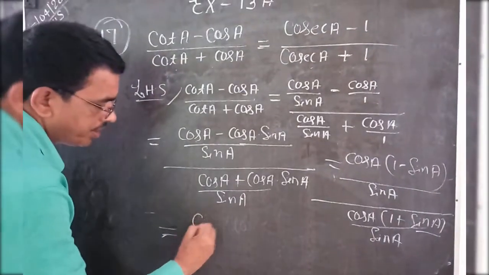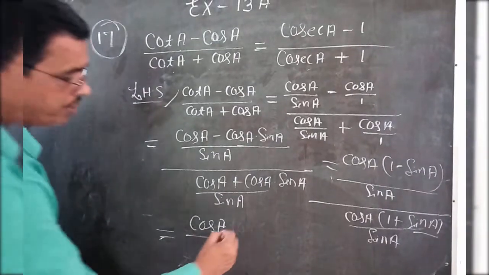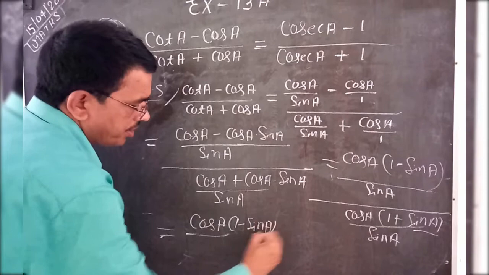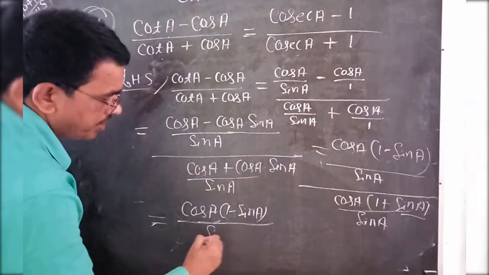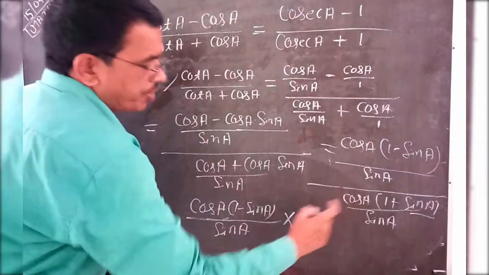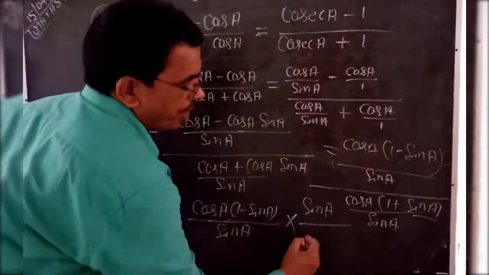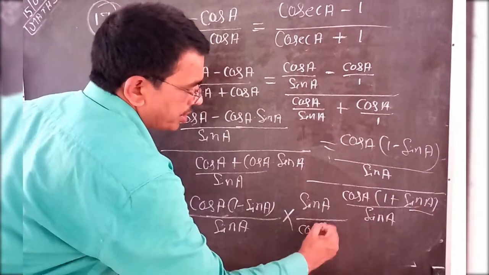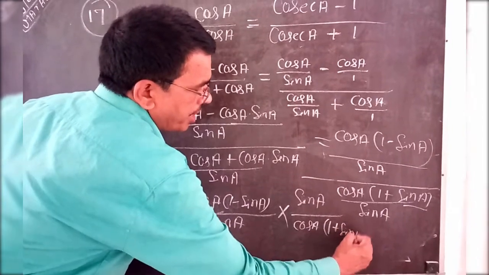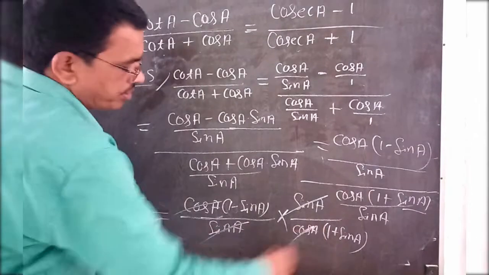Right here cos A into 1 minus sin A by sin A into, then it is reciprocal form, so you write here sin A by cos A into 1 plus sin A. Then this sin A cancels, this cos A cancels.